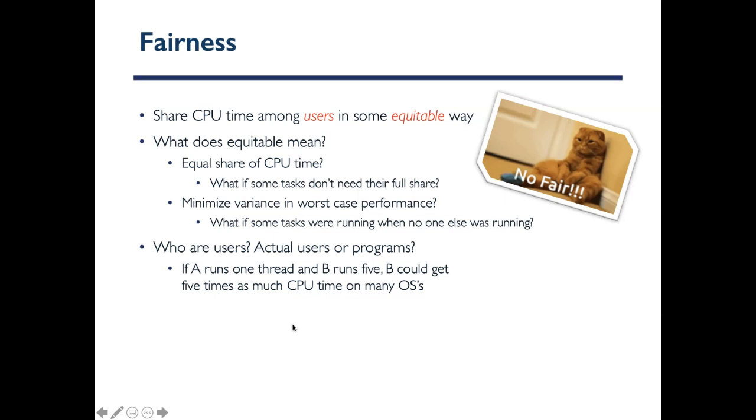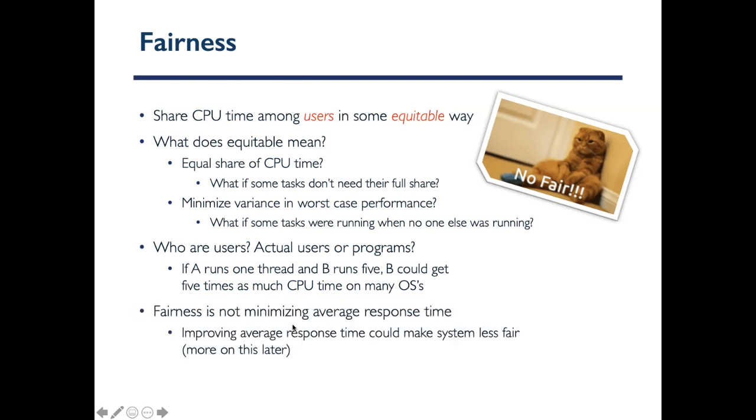Because I could have my process create 100 threads, and somebody else has another process with one thread. If the definition of fairness concerns threads, and it's going to make an equal decision for all threads, then I'm going to get 100 times more than what the other person is going to get, because I have 100 times more threads than that other process. So these are the things that you have to definitely be careful about.